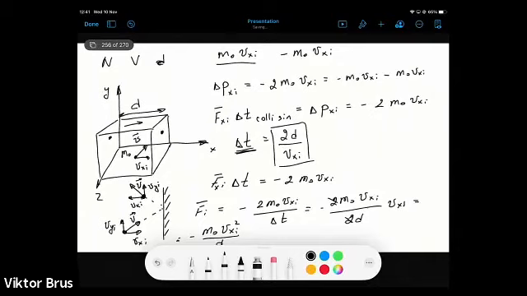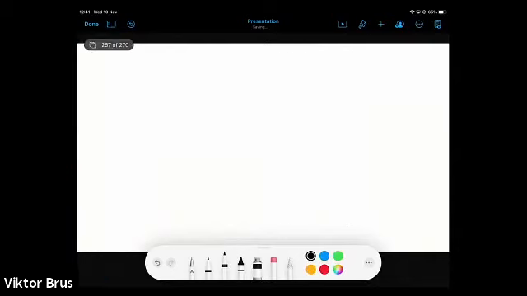We can maybe write it on the next slide to have it. So Fi average will be equal to minus m naught Vxi squared divided by d. So taking into account the third law of motion, by the way, what does it state?